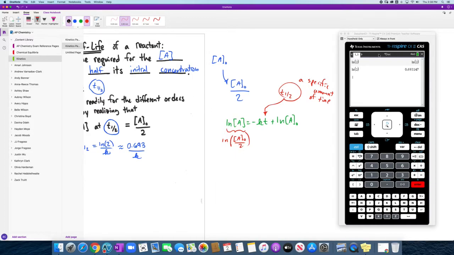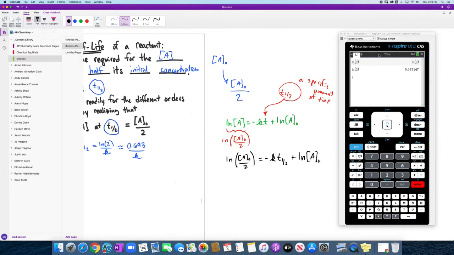Okay, so let's rewrite that with all of the things substituted in. The natural logarithm of half the initial concentration occurs at the half-life. And over here, this is still the constant, unchanged, okay? But we can rearrange this now.